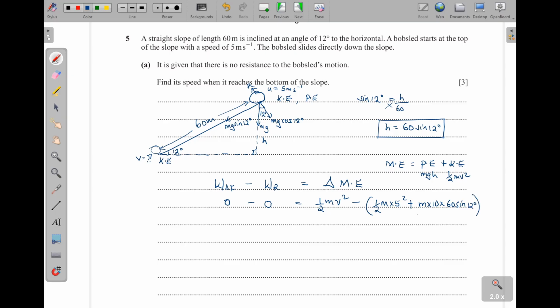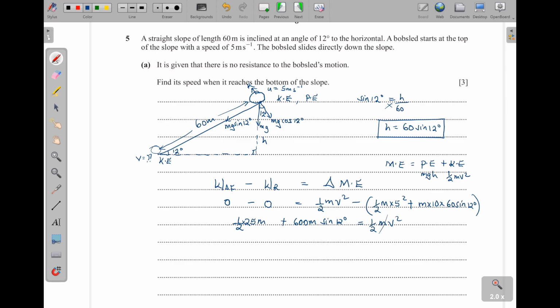Now I can take this one to this side, and then we have a half 25 m, plus our 600 of m sine of 12, is equal to a half mv squared.